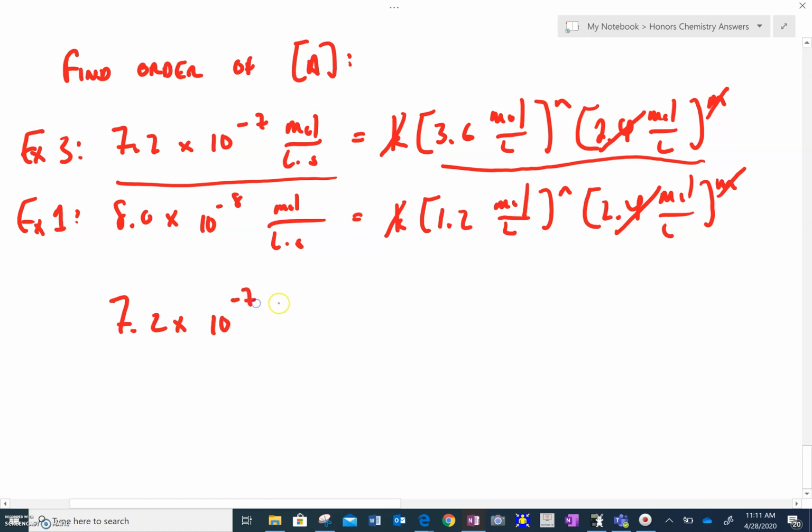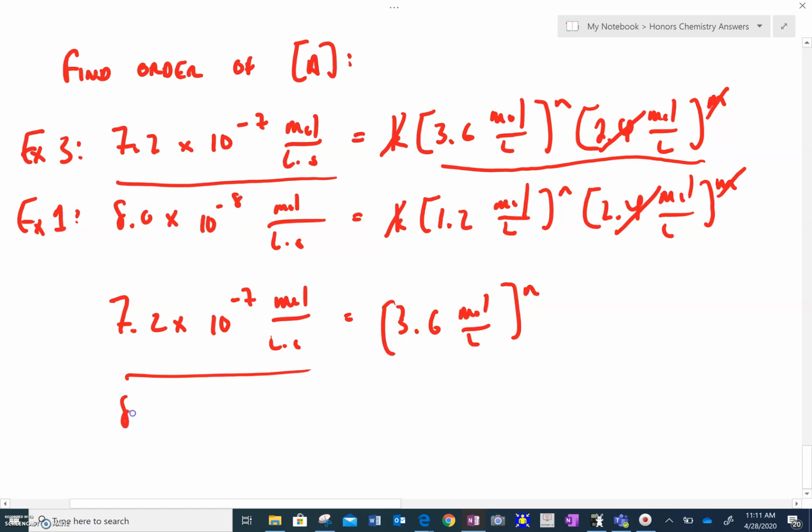7.2 times 10 to the minus 7th moles per liter per second equals 3.6 moles per liter raised to the n, over 8 times 10 to the negative 8 moles per liter per second, which is equal to 1.2 moles per liter raised to the n.